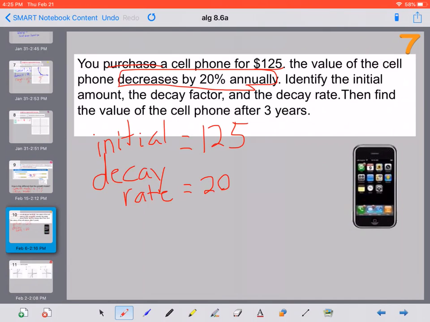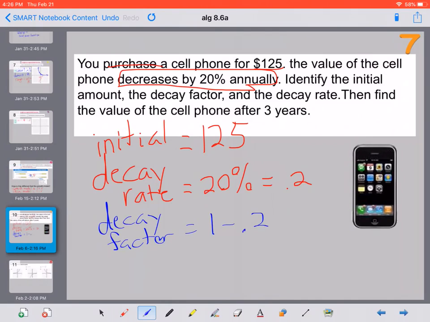Whenever we write a rate, we want to write it as a decimal. So 20% is actually just 0.2. Now the decay factor, we just have to write 1 minus whatever our decay rate was, and that was 0.2.